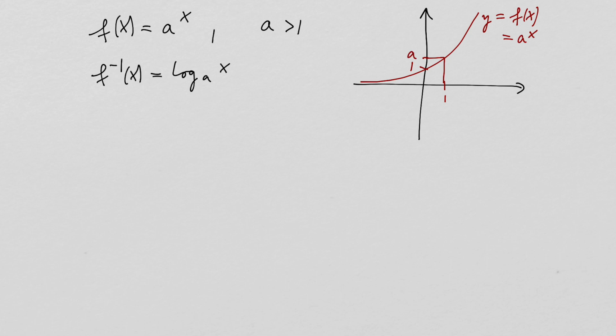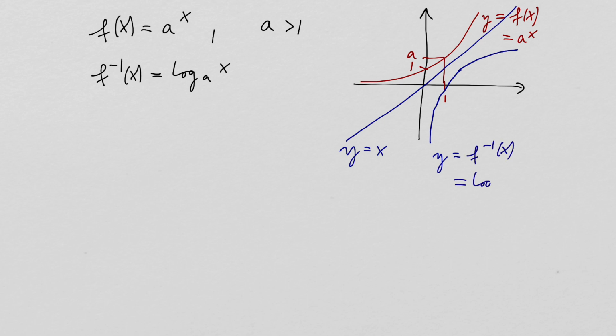Let's now draw a graph of the inverse function. Let's draw the line y is equal to x. The graph of the inverse function is a mirror image. So the graph of a logarithm looks like this.